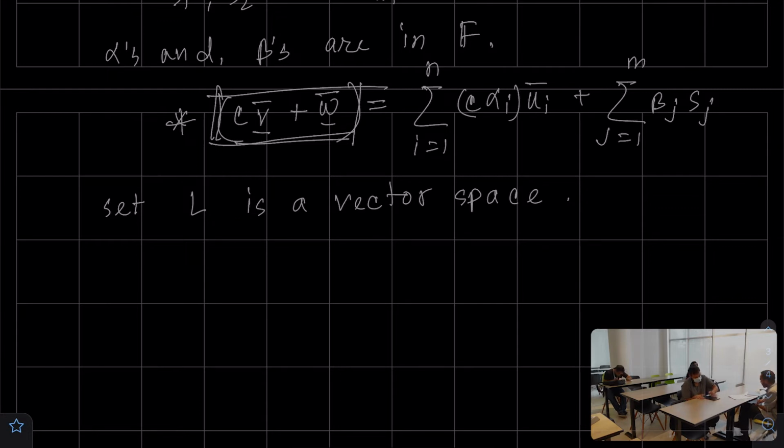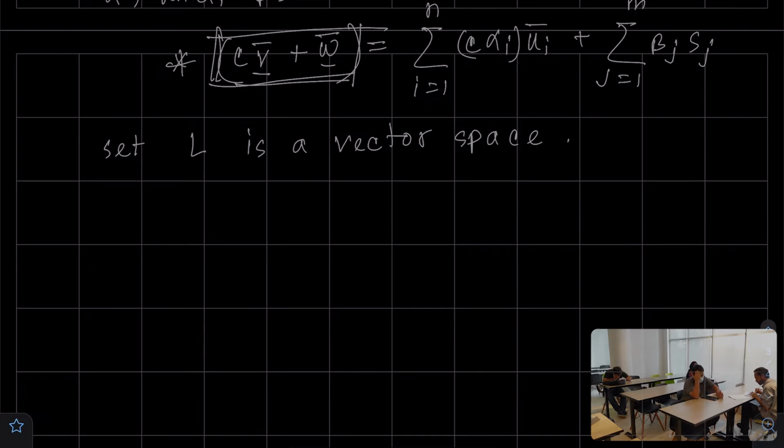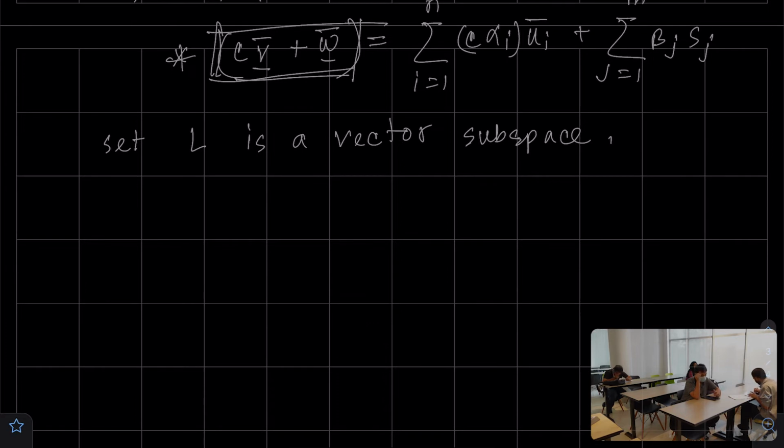Okay. So now, I think you could write it like L is a vector subspace of the vector space V, right? Okay. Now, what is the definition of span?